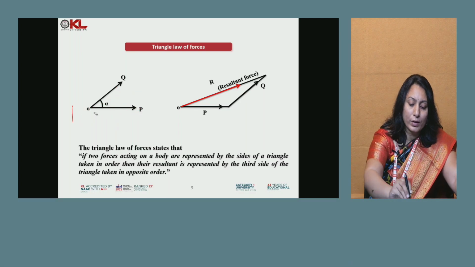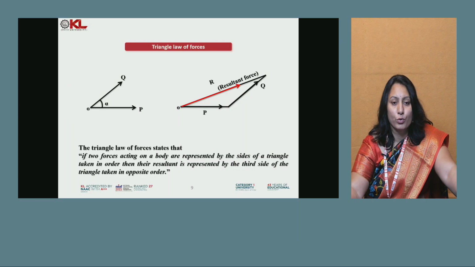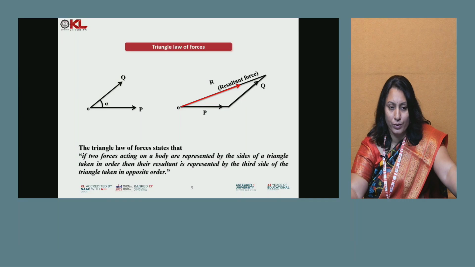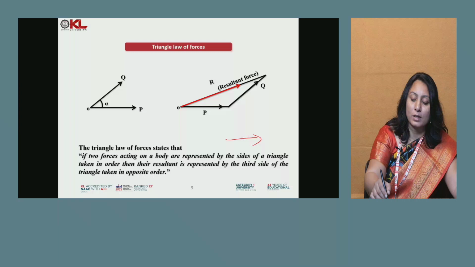Let us see once again the definition. If 2 forces are acting on a body and are represented by the sides of a triangle taken in order, then their resultant is represented by the third side of the triangle taken in opposite order. So this P is following this direction.